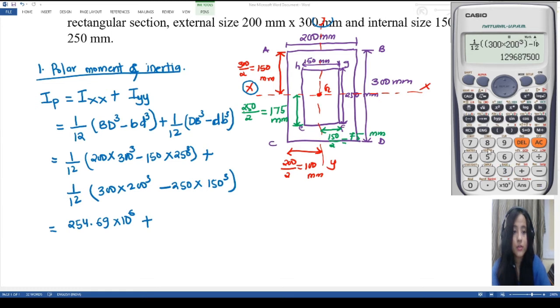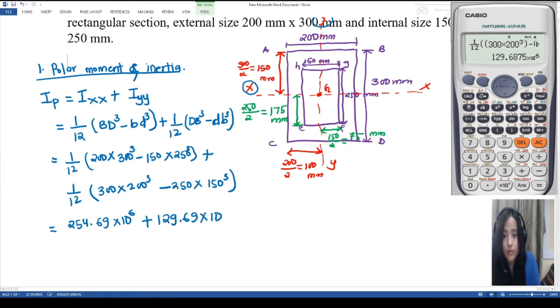Right. So my Iyy is coming equal to 129.69 into 10 raised to power 6.